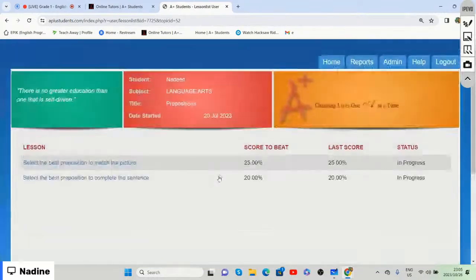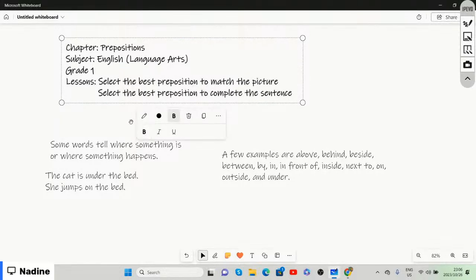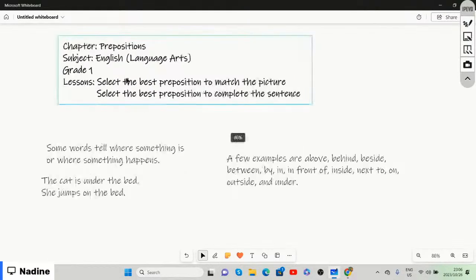All right, so we are doing the chapter of prepositions. Our subject is English language arts, grade 1.